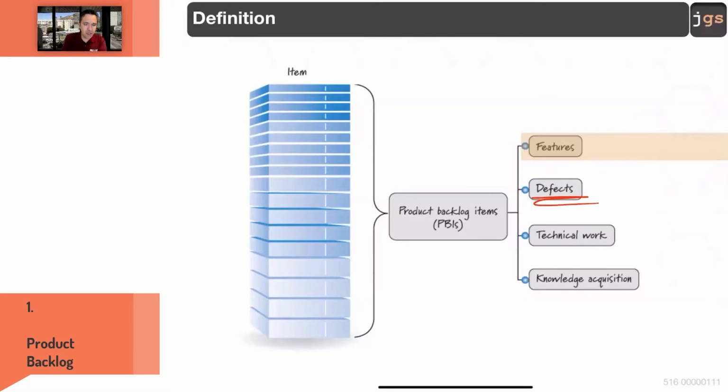Or you just create the task, put it in the product backlog, and later, in the next sprint, if that is a priority, it is going to be fixed. For these, you can use the same template. You can follow the template to document a defect, to document the activity of fixing a bug.